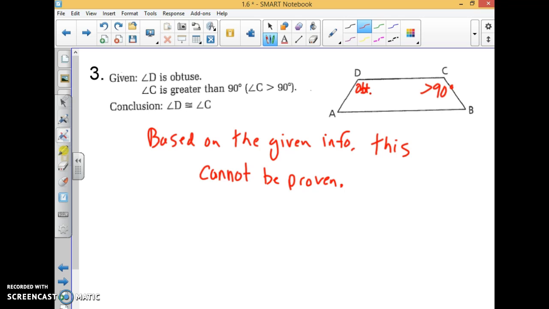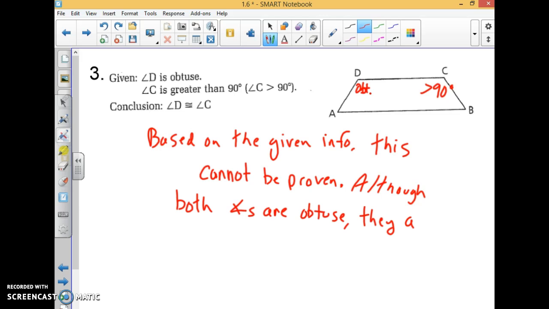And we need to offer some explanation here. So, although both angles are obtuse, they are not necessarily congruent. Okay, now comes the counterexample. A counterexample is exactly what we're doing here. It's an example that shows that something is not true.